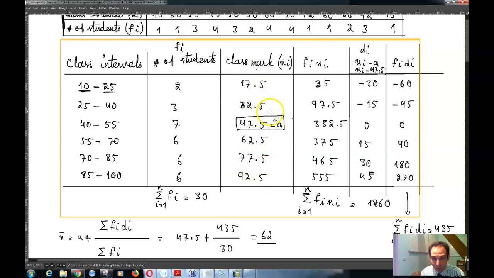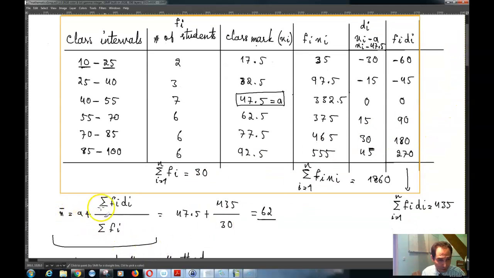Of course, in the calculation I happened to take a as 47.5, and then we calculated the formula x bar equal to a plus sigma f of i d of i over sigma f of i.